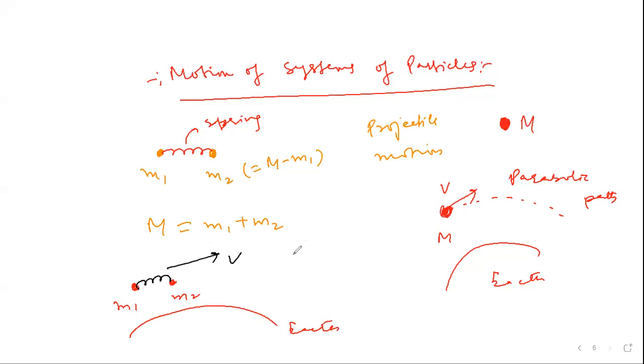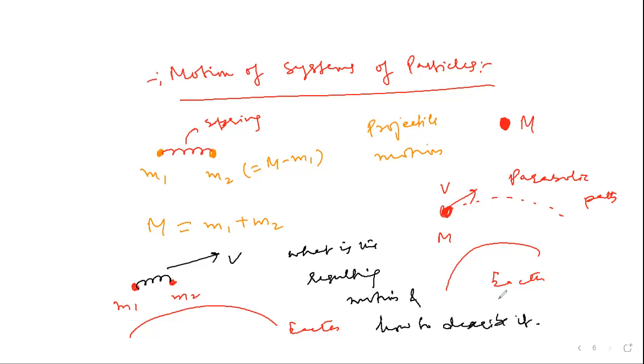The question is, what is the resulting motion and how to describe it, right? So what we do when we observe these motions, this is a case of systems of particles, not just a single particle, two particles as a system are moving.